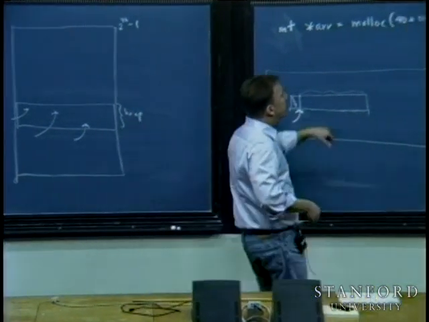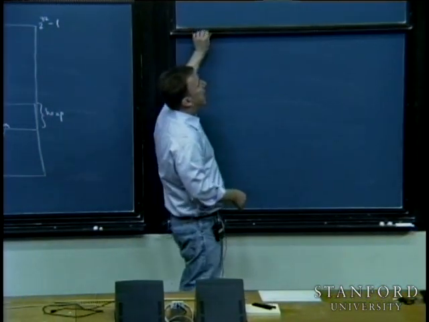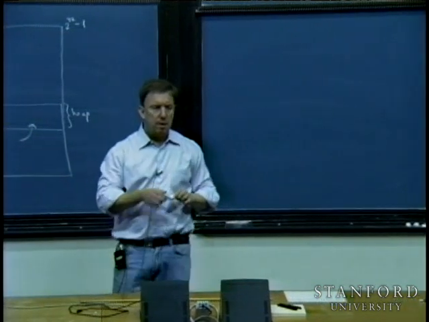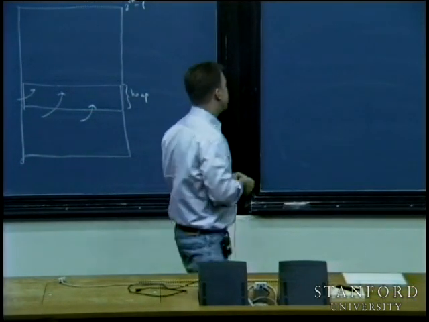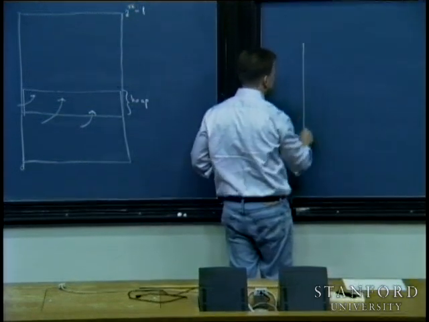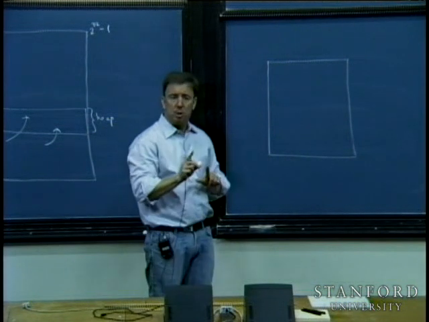Now, as far as this 160 is concerned, that's not exactly a perfect power of 2. Implementations that I've seen, if this is the entire heap, I've seen this as a heuristic.